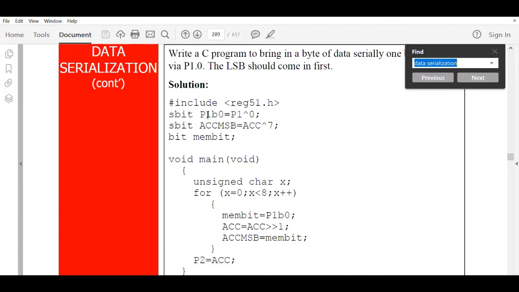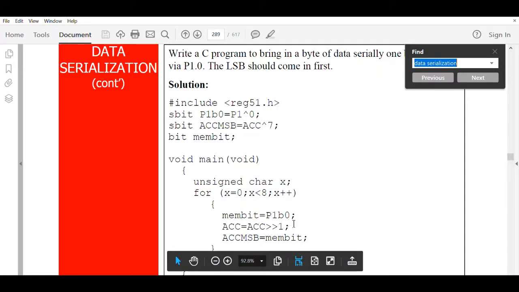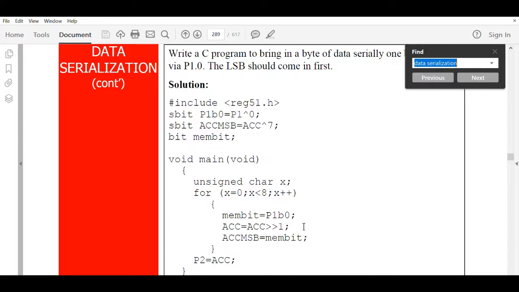P10 again and the accumulator we've defined, and X is again 8 bits, and this is the input. So P10 is the input, and the accumulator will shift to the right by 1 bit.